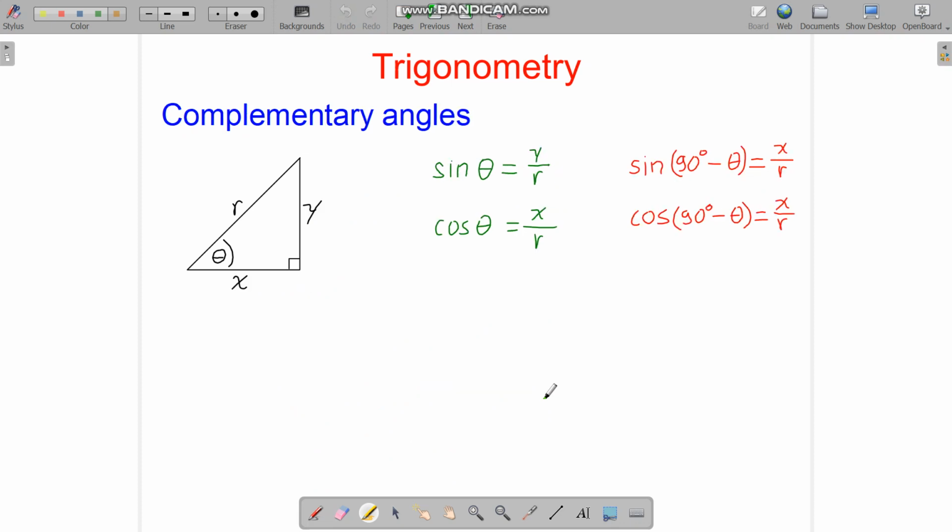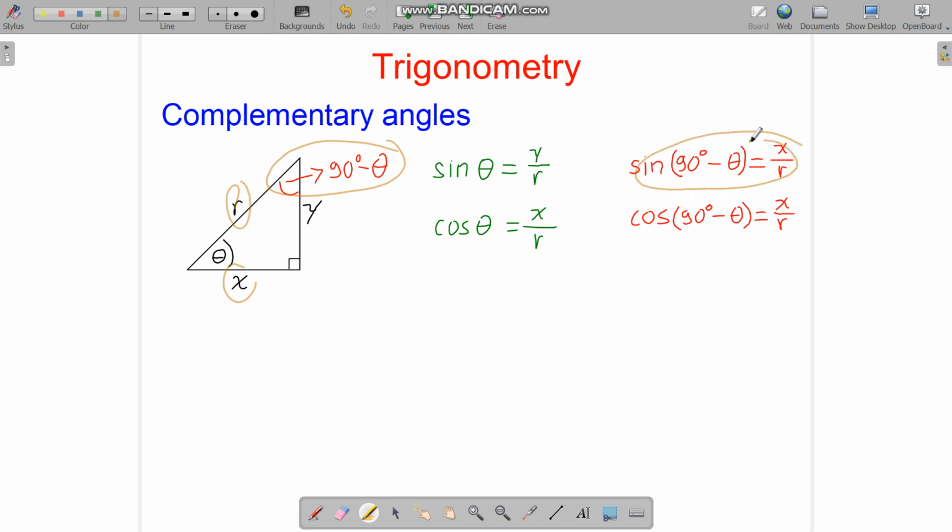Complementary angles. Using the definition again, sine is y over r, opposite over hypotenuse, and cos is adjacent over hypotenuse. But now look at this triangle here. If this angle is theta, this angle is 90 degrees, and of course the other angle would be 90 degrees minus theta. Now if we focus on this angle here, the sine is opposite over hypotenuse, which is x over r.